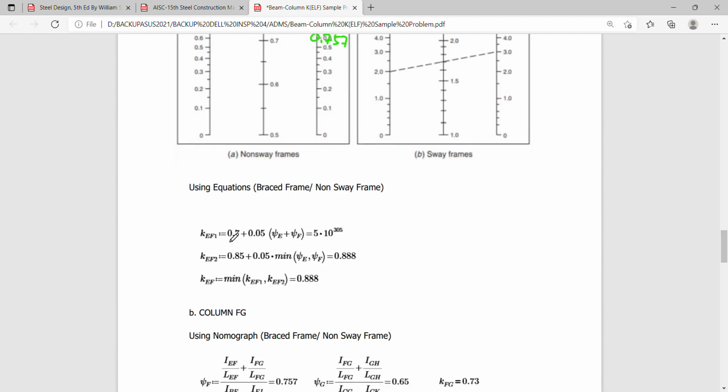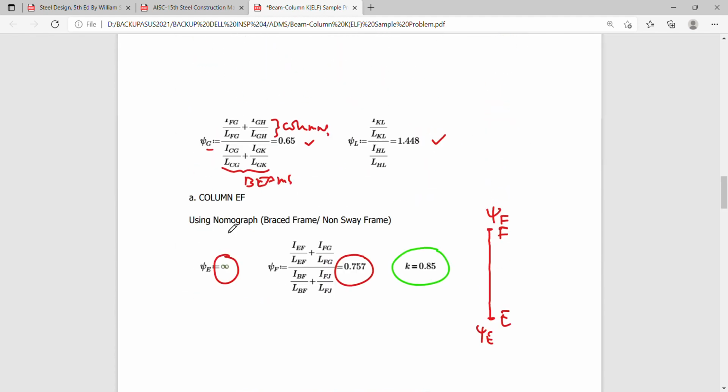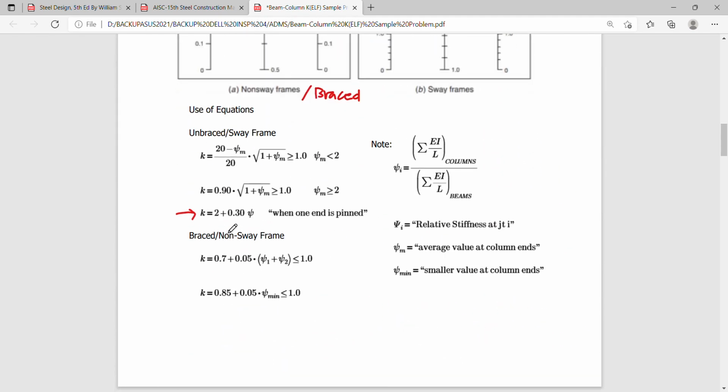So if I'm going to use the equation, the equation for a braced frame is this one here. I'm going to consider two equations, and I'm taking the smaller of the two values.